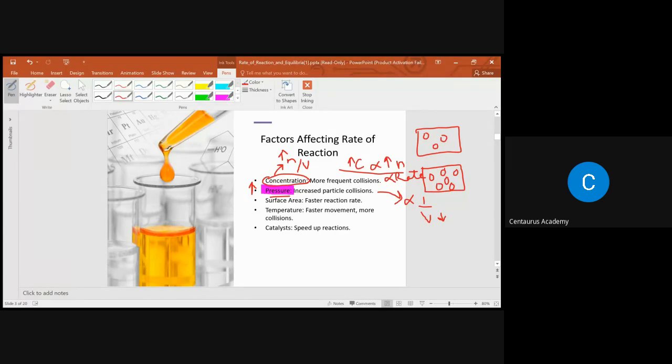When the gas particles come closer together, they are going to collide with each other more frequently, thereby increasing the rate of reaction. Are we clear so far? Yes. Any questions?